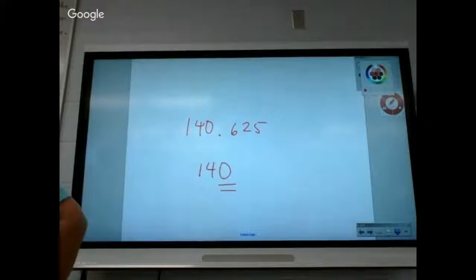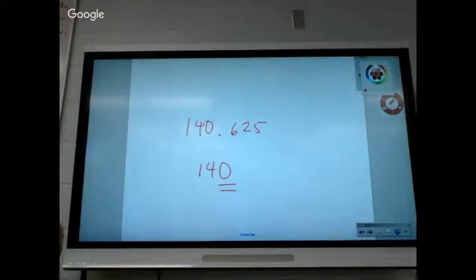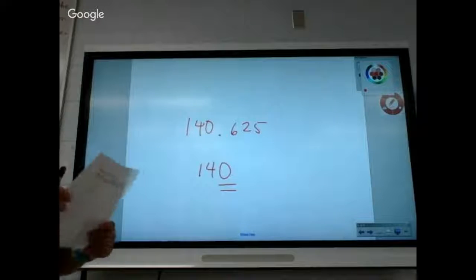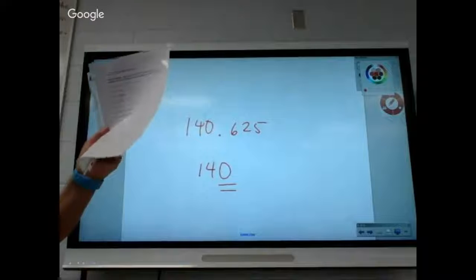Anybody else? I heard a question over here when she was trying to ask. Oh, I didn't hear that. My bad. So what was the question? You said put it in normal. Not that one. Number 7 is in scientific notation. Questions 1 through 7 are like questions 1, 2, and 3 on this paper. See how they're not in scientific notation?